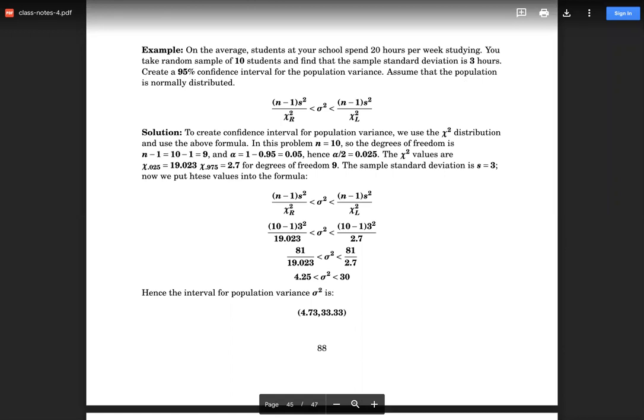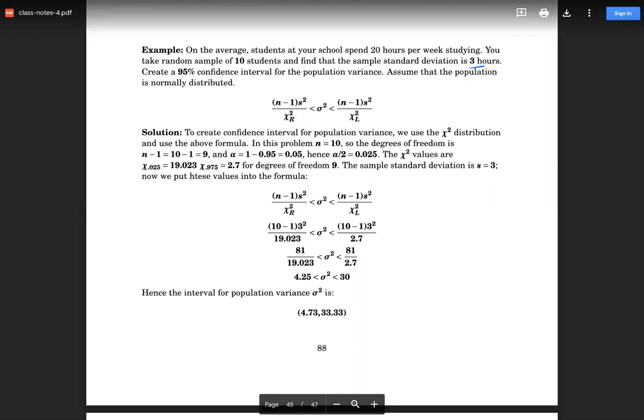On the average, students at your school spend 20 hours per week studying. You take a random sample of 10 students and find that the sample standard deviation is 3 hours. Create a 95% confidence interval for the population variance. Assume that the population is normally distributed.